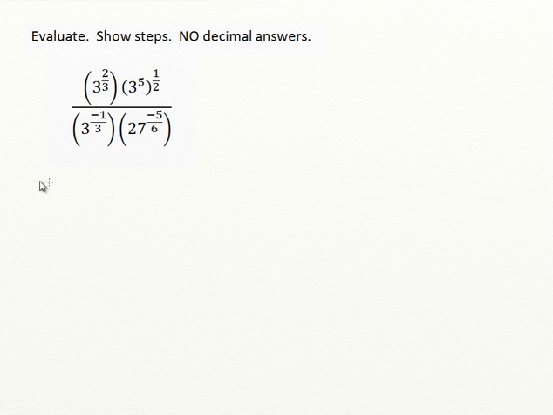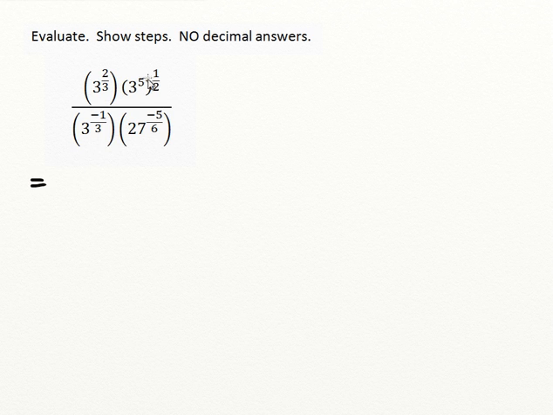So I'm going to have to switch that 27 to be a power of 3. And it's nice to know that obviously 3 cubed is 27, because 3 times 3 times 3 is 27.